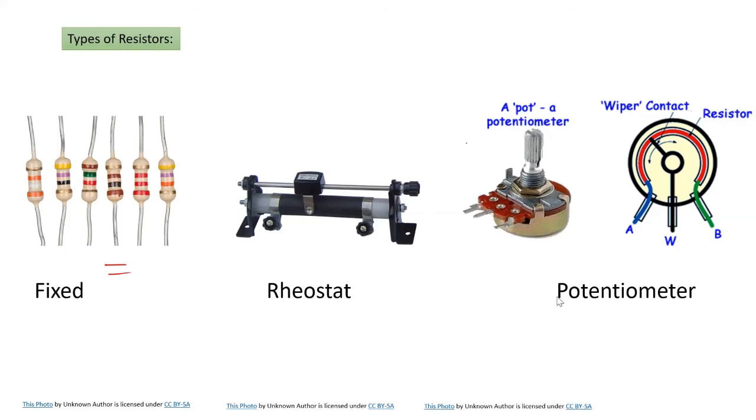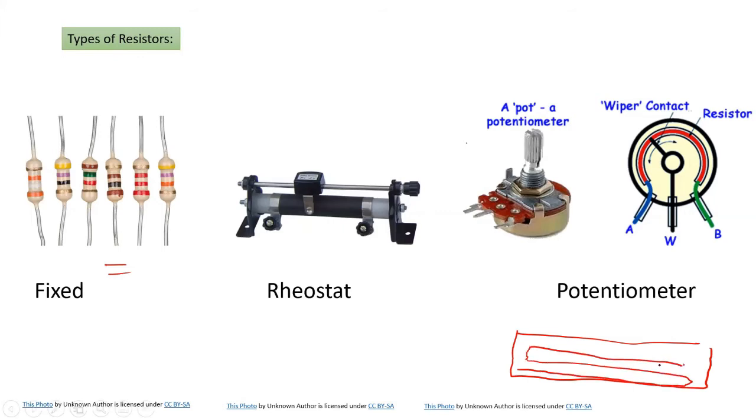In labs, the potentiometer is not like this; you have a long wooden plank with wires. If you remember, you have done this type of experiment in the electricity and magnetism labs. So these two are variable resistors.